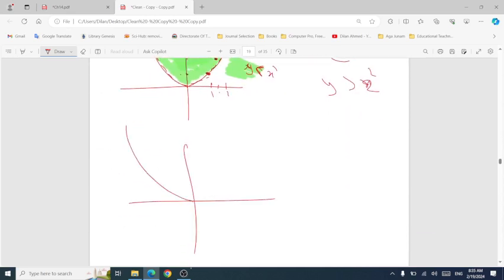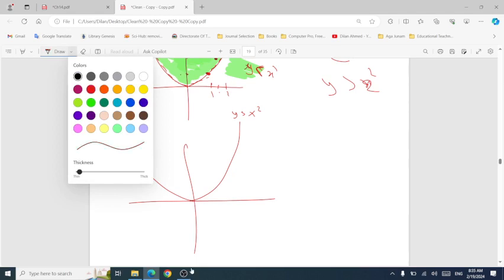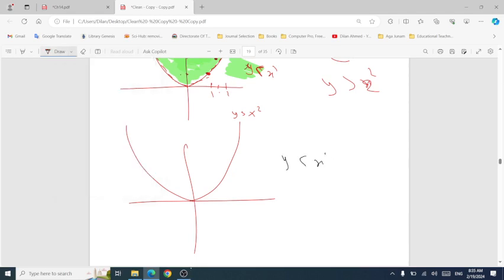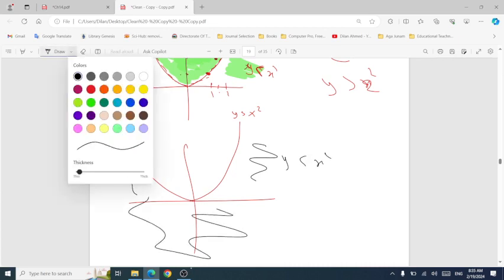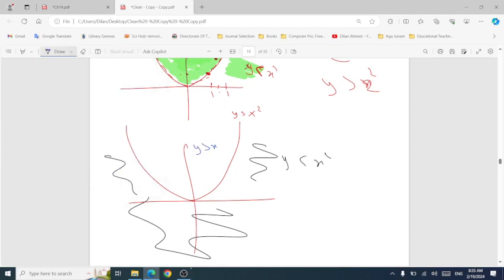Listen. Y equal to x squared is the red one. Y less than x squared is the black one, outside. Y greater than x squared is the blue one. You got it?